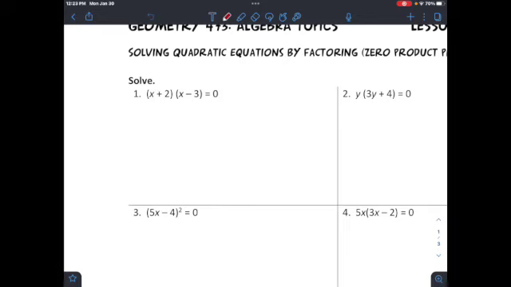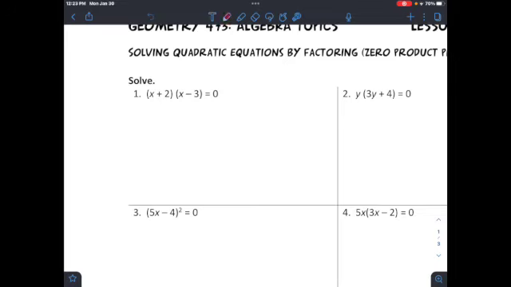Now, as the first problem shows you, there's nothing else, and it's already in factor form. Again, factor form means everything's in parentheses, multiplying: parentheses x plus 2 times parentheses x minus 3. You can solve the equation by using the zero product property.